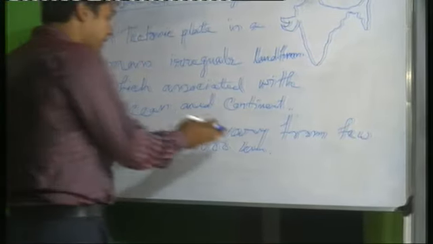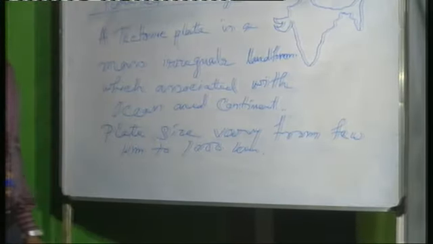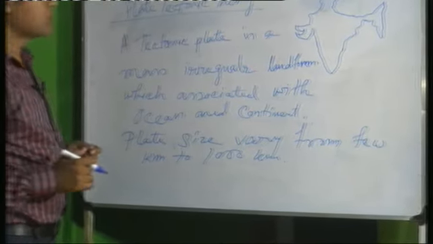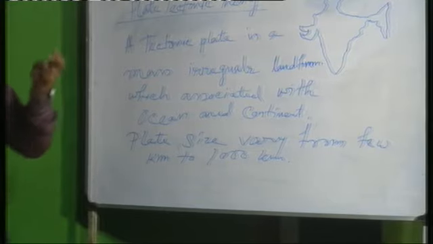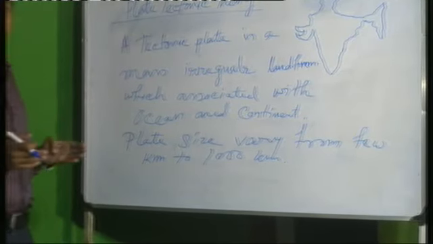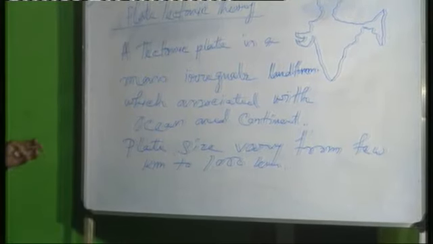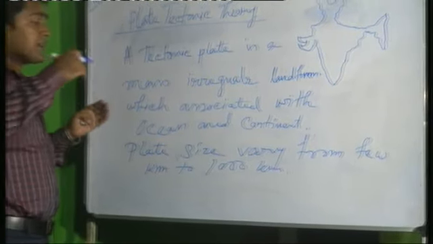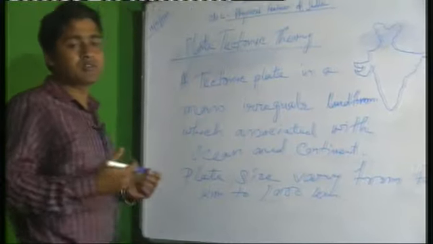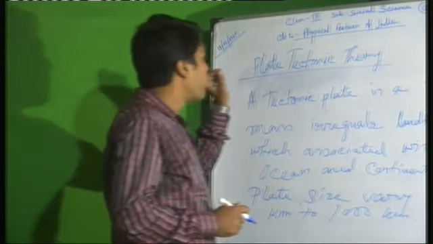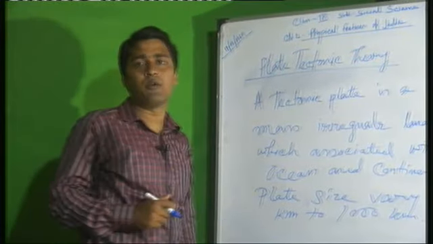So from that information you can imagine what is the actual size of a plate. So a plate is a part or block of lithosphere which is spread all over the earth's surface, and its size is a few kilometers to 1000 kilometers in area. That's why the plate tectonic theory is very important.